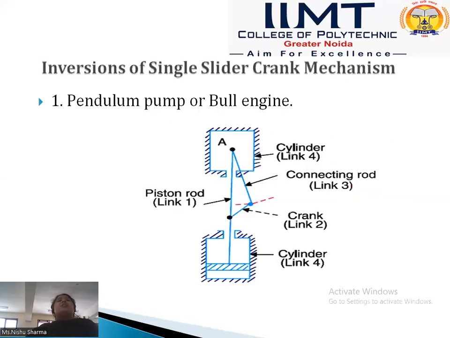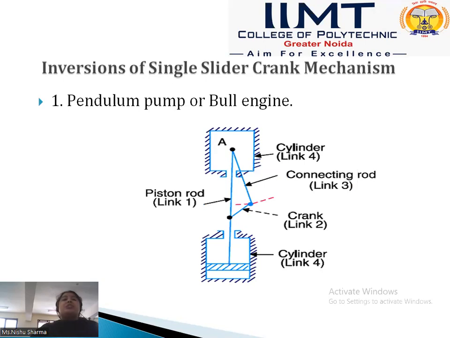Now we discuss the pendulum pump or bull engine, which is the first inversion of the single slider crank mechanism. In this diagram, we see that there are four links. The first link is the piston rod, link 1. Second is the crank, link 2. Third is the connecting rod, link 3.